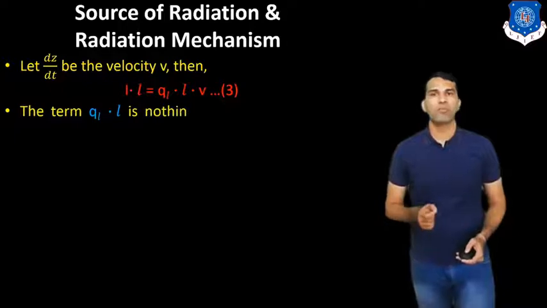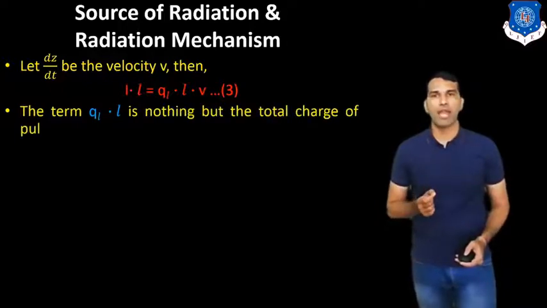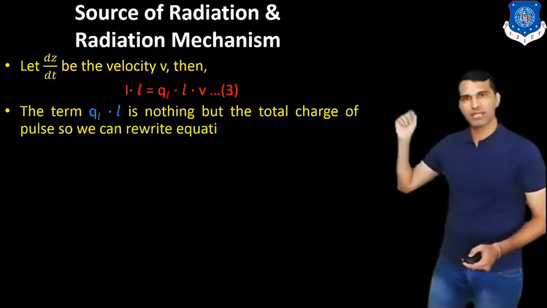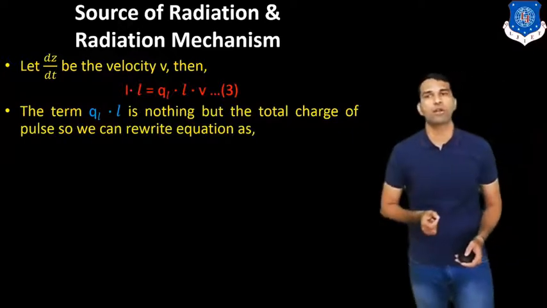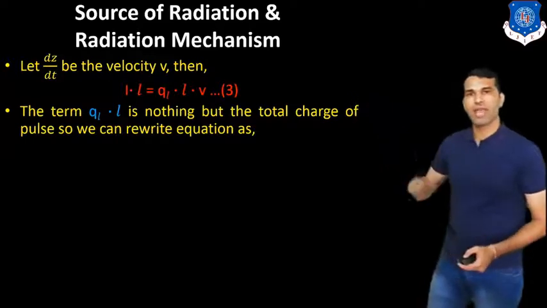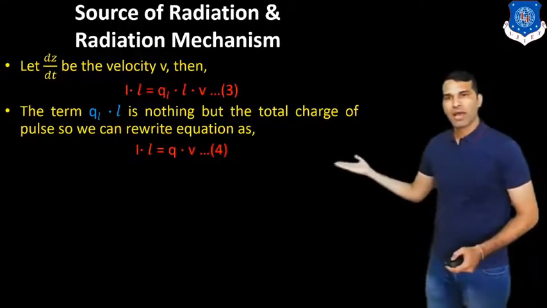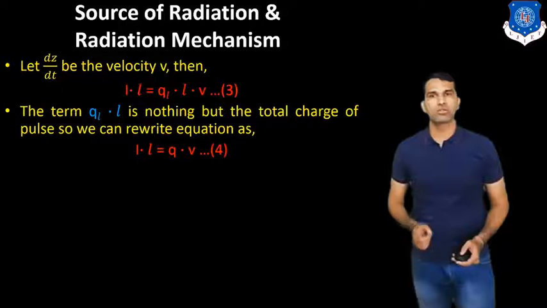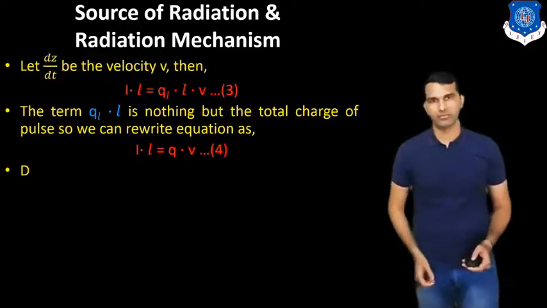Now the term QL times L in this equation is nothing but the total charge of the pulse. So we can rewrite this equation number 3 as I times L is equal to Q times v.